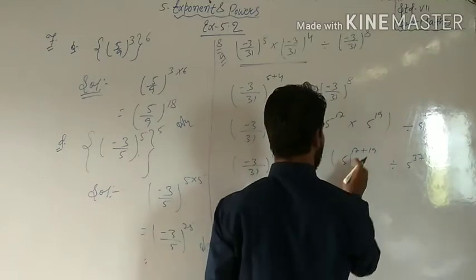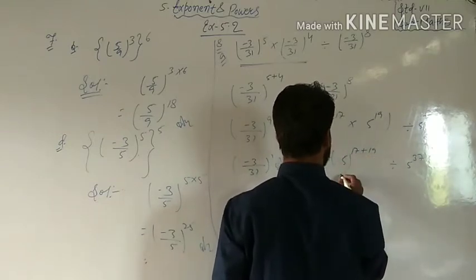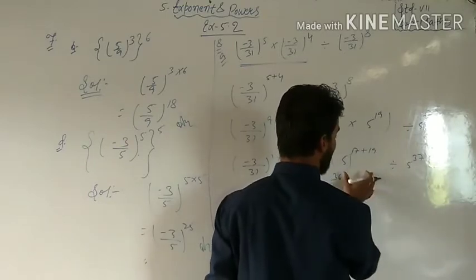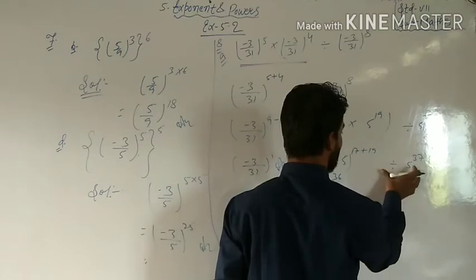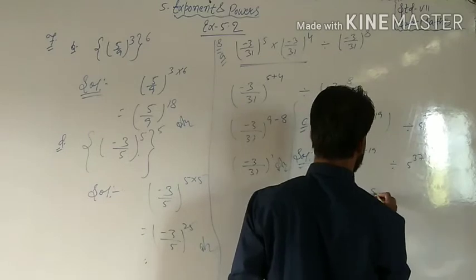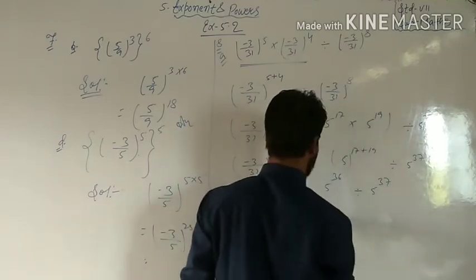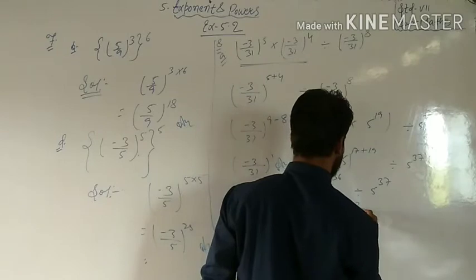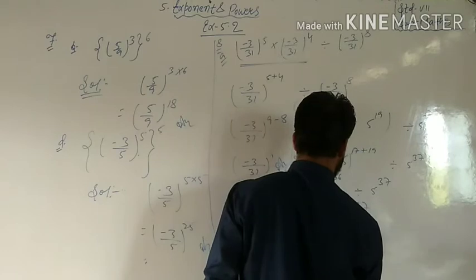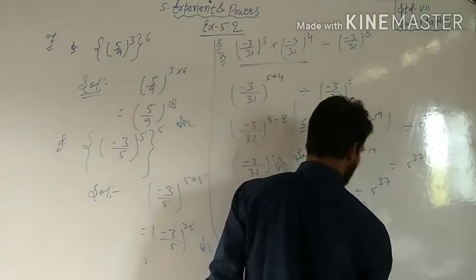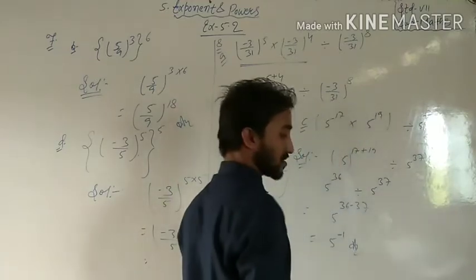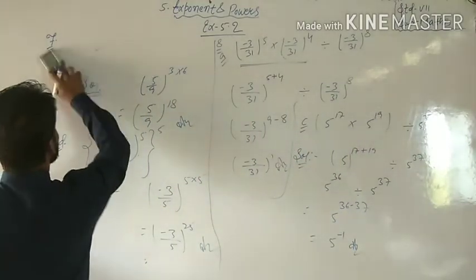What will the answer be? 5 to the power 36, divided by 5 to the power 37. Now the bases are the same and in division form, so the power will be subtracted: 5 to the power 36 minus 37. Then we can say 5 to the power minus 1. Are you getting my point, students? It is your answer. So now we will continue with question number 9.